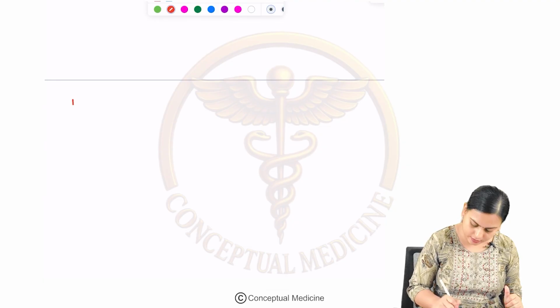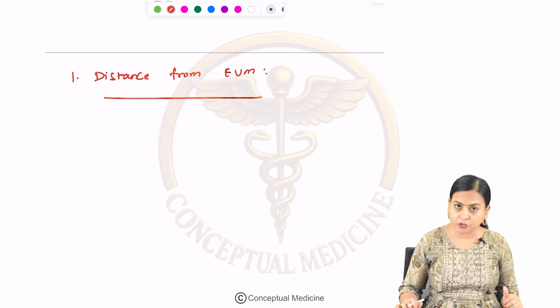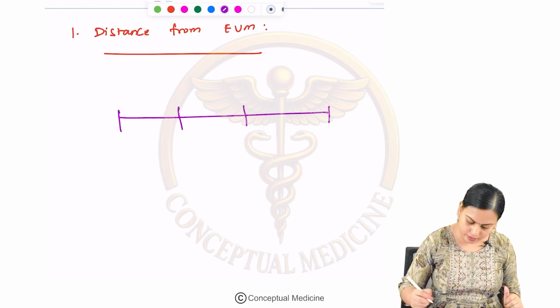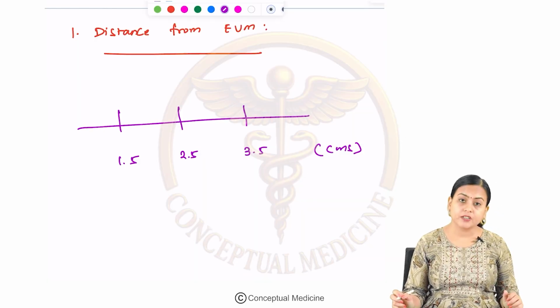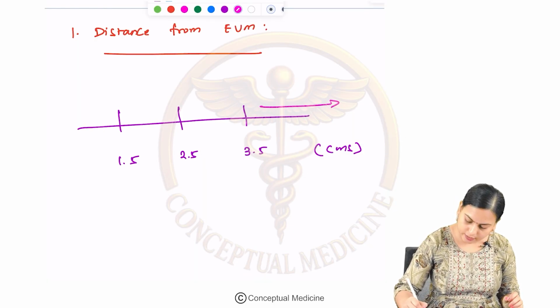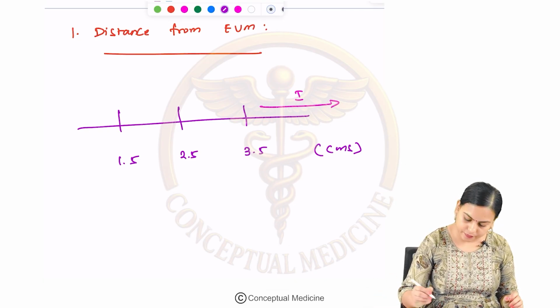So, let us see. If we take the distance from the external urethral meatus, that is the distal portion of the fistula, I will draw a scale here. Okay. So, that is 1.5, 2.5, 3.5. Okay. So, type 1 is anything more than 3.5 centimeters.